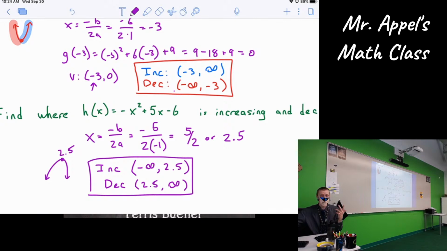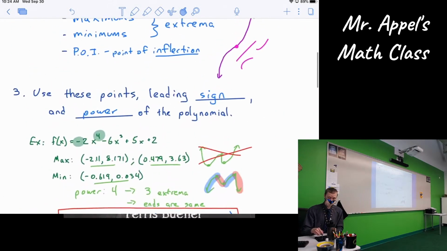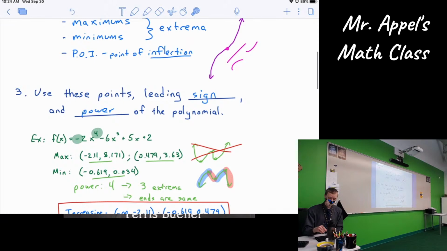Anyways, go ahead and write up just a short paragraph, a few sentences, whatever it takes. But I want you to write in words a description of what is this process that you have to put together to determine where a function is increasing and decreasing. All right?